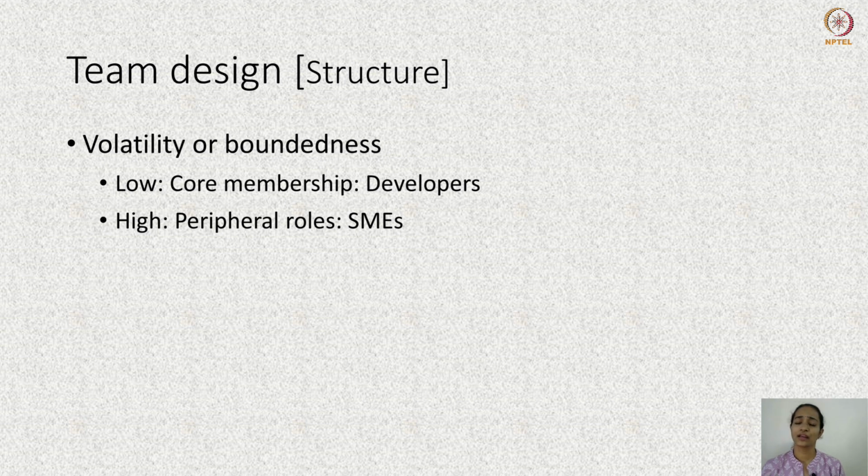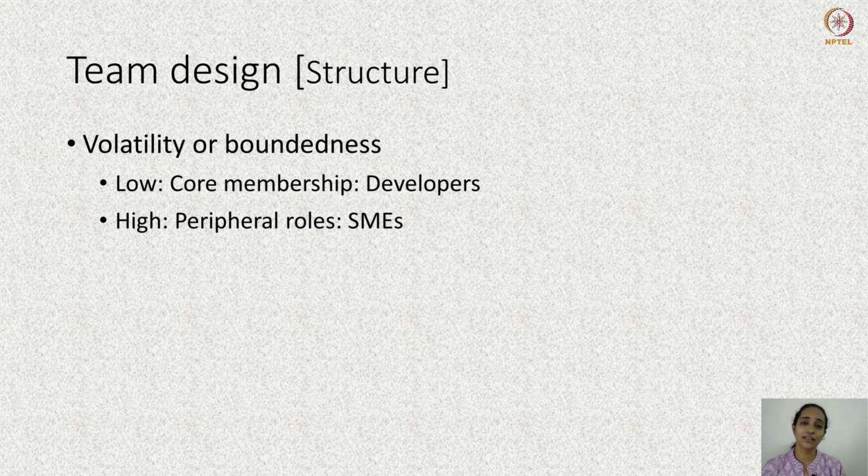In Agile, usually the teams have very high boundedness. That is, the volatility of the team membership is very low. This is because of the requirements of the task that impinge upon the team members to dedicate their time and effort to the team task alone.